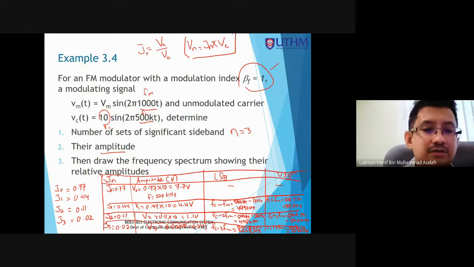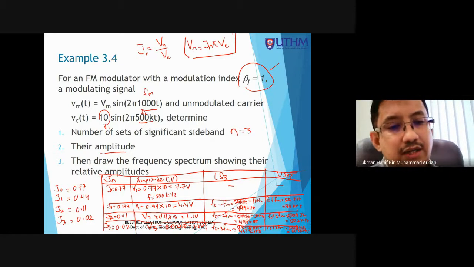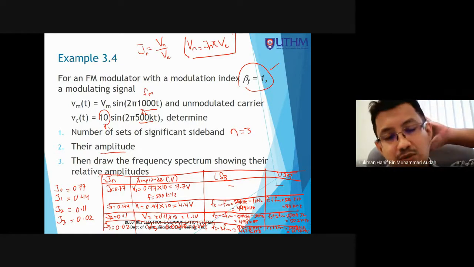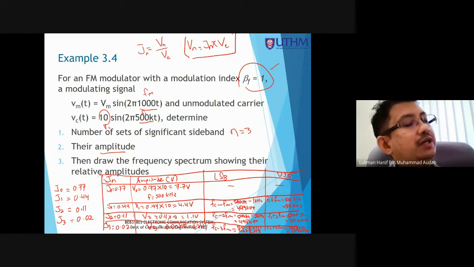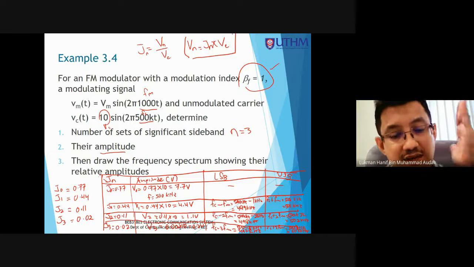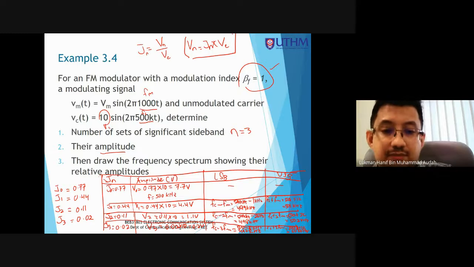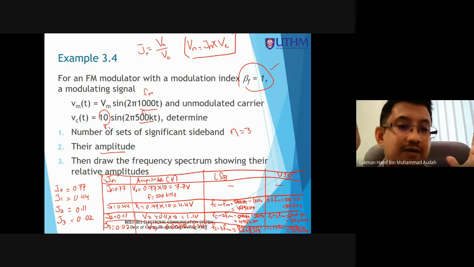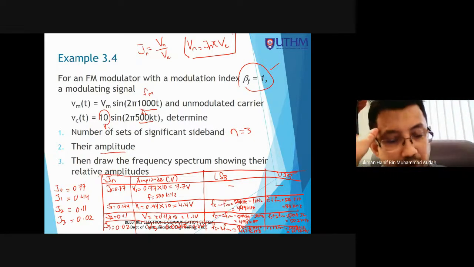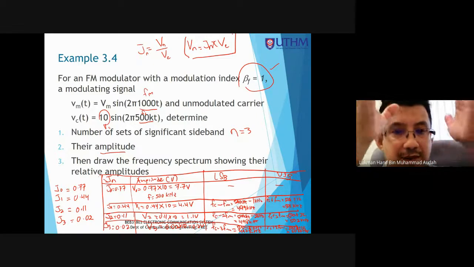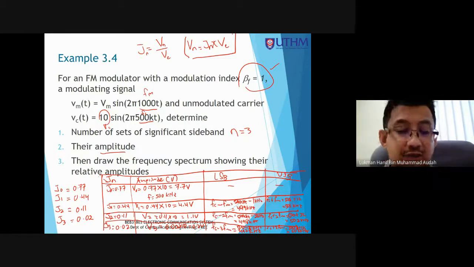Okay. So dalam kes ini saya telah memperoleh amplitude dan juga dia punya frekuensi sekaligus. Saya cari amplitude dan saya cari di manakah lokasi frekuensinya. So dah dapat. Okay. So I already get the values for amplitudes and also for the frequencies.